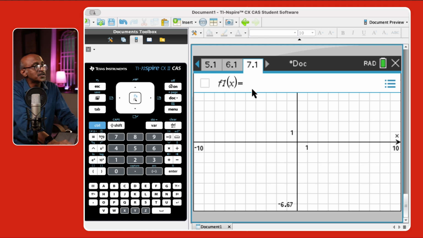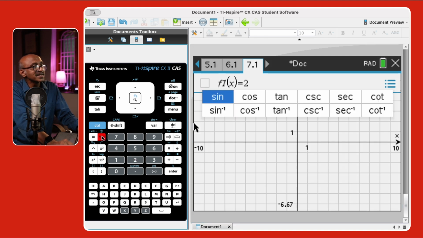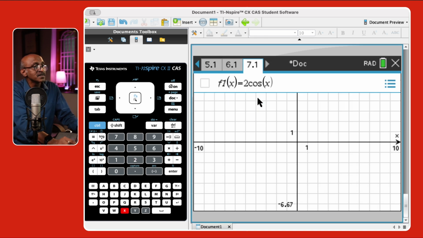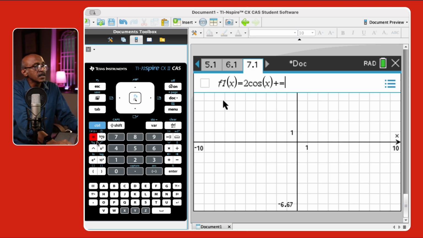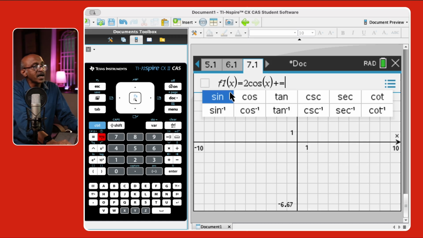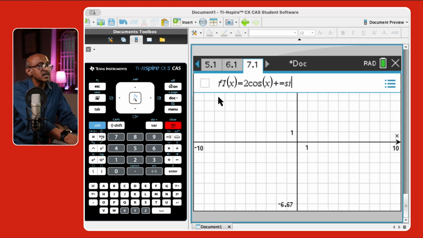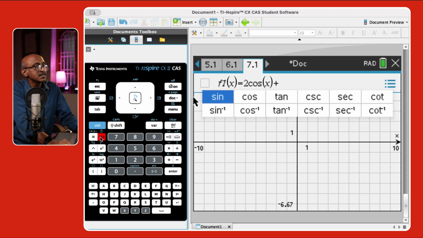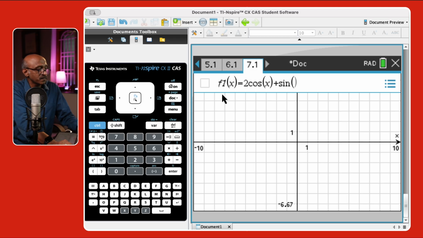So 2 cos, plus sine of 2x, and then there's a minus 0.2.